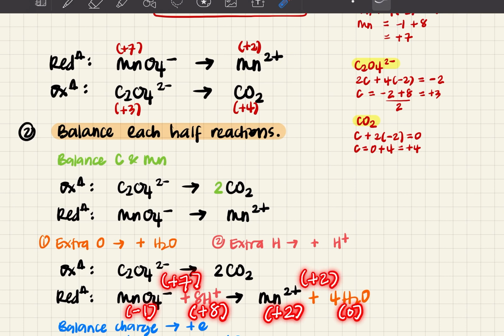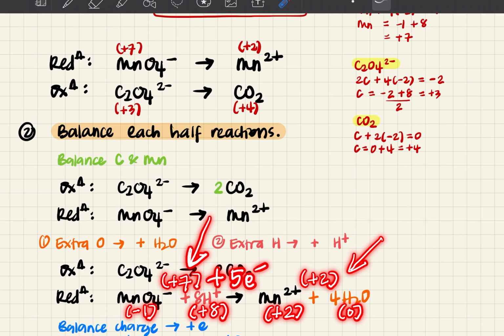Okay. So now we look. Which side is more positive? Left or right? Left. Okay. So here we have plus 7. Lebih positive. So, how many electrons should we add on the left side so that awak punya charge will become plus 2 sama dengan yang kanan ni? You will add berapa? 5 electrons, okay?